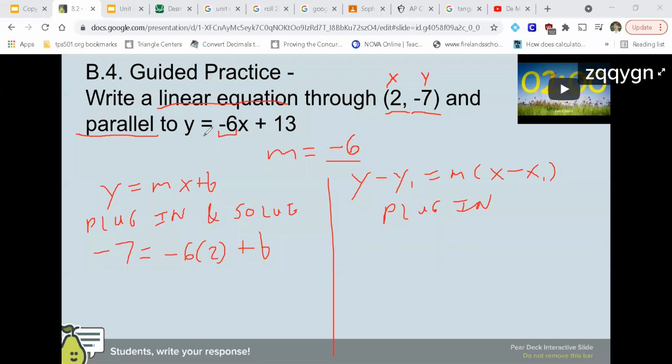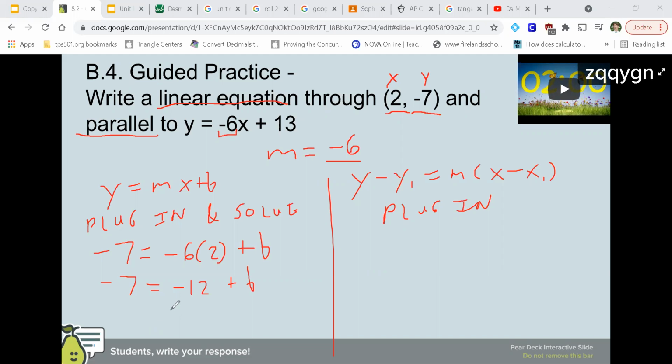What do I do first? The first step is, yes, you're right, multiply these to get -12. And then one more step to solve this for b.